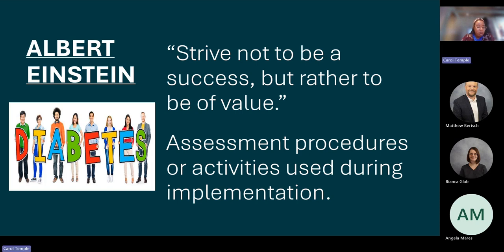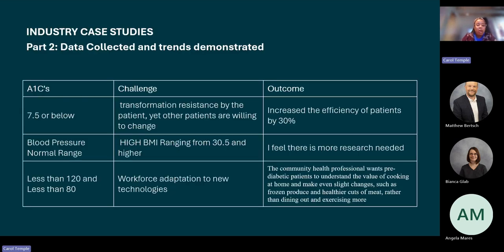And some things that may be limiting is clients trying to find that balance between what they already do and making that lifestyle change to make a healthier change for the better for themselves. Okay, moving on to the next slide.